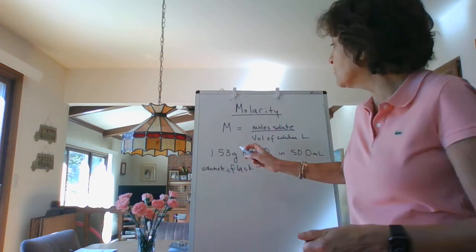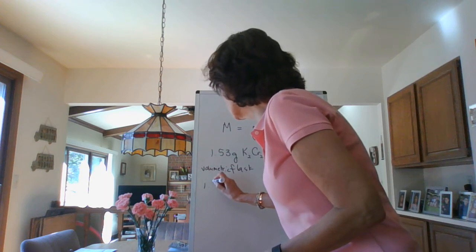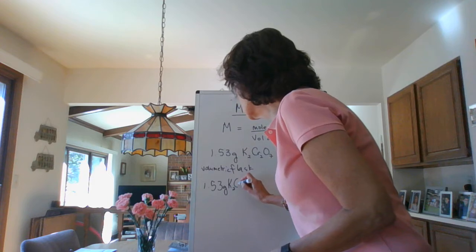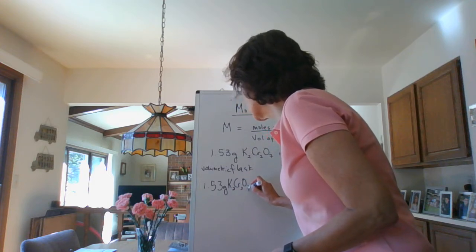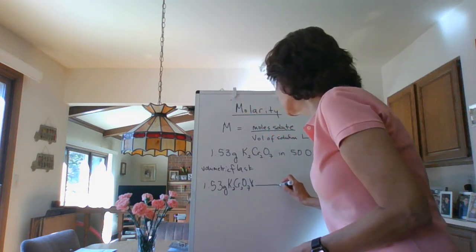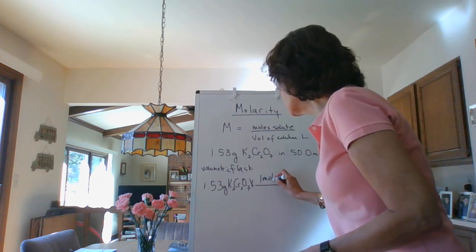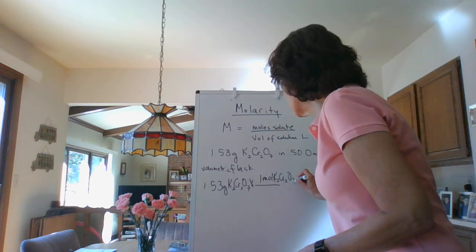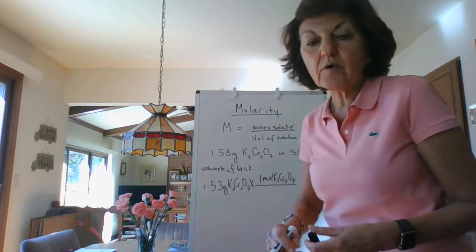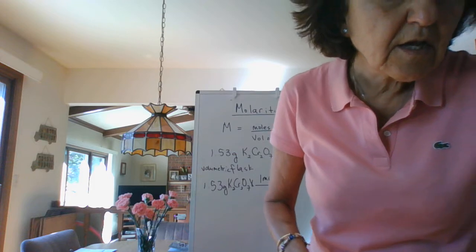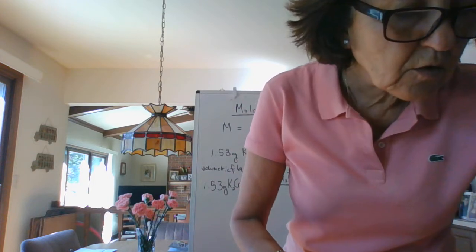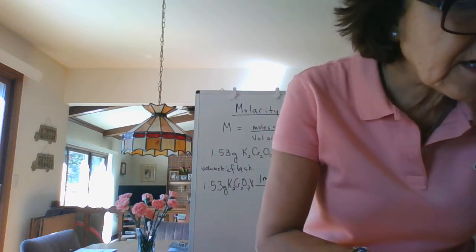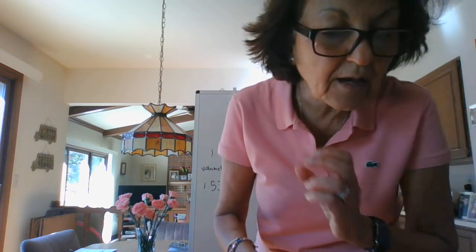And the question is, what is the molarity? Well, the first thing you have to do is convert your 1.53 grams of K2Cr2O7, potassium dichromate, to moles. So 1 mole of K2Cr2O7. You add up all of the molar masses. Potassium is 39.1, multiply that by 2.